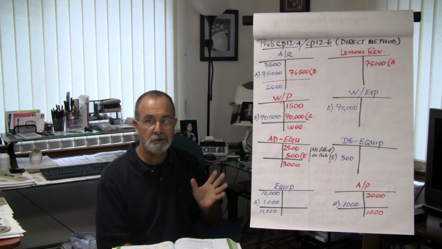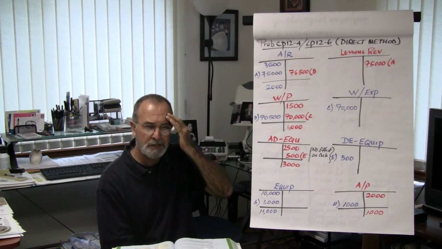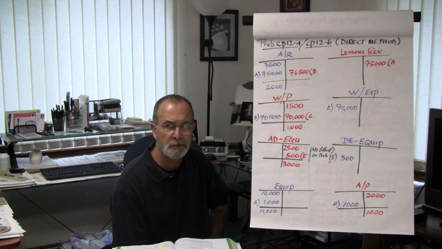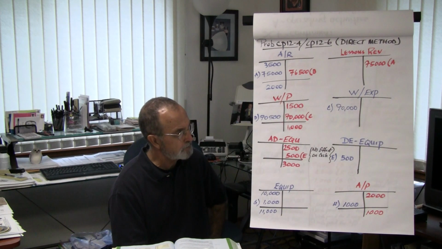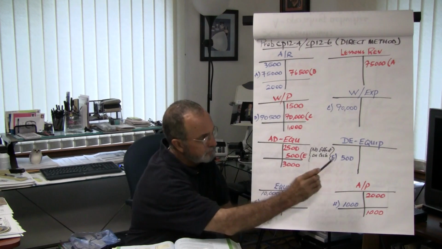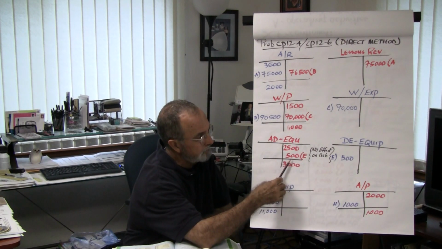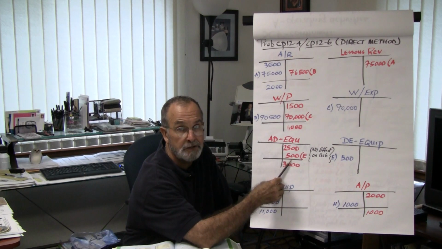Depreciation expense, if you recall from chapter 9 or 10, where we studied fixed assets, long-term assets, and depreciation, is recorded with a debit to depreciation expense and a credit to accumulated depreciation.